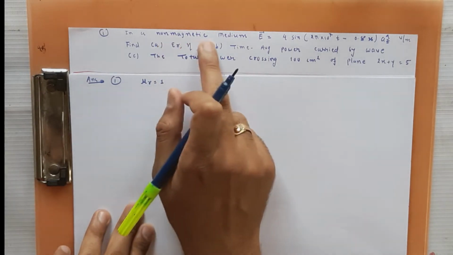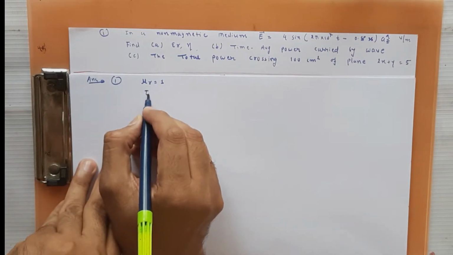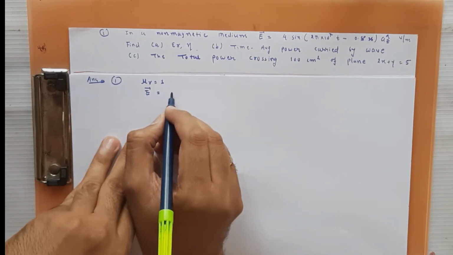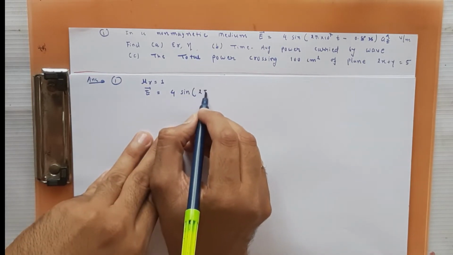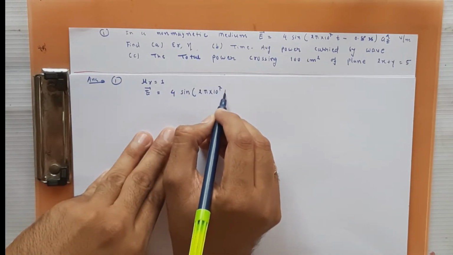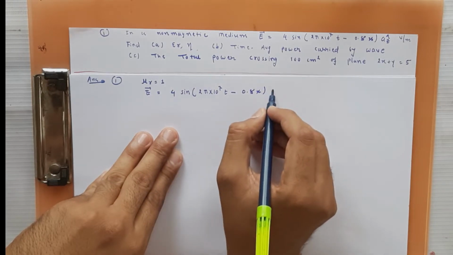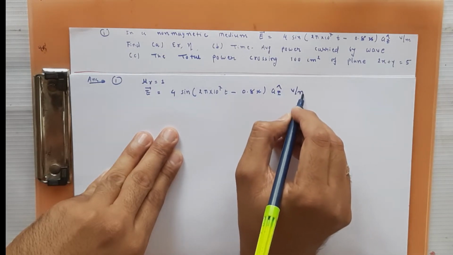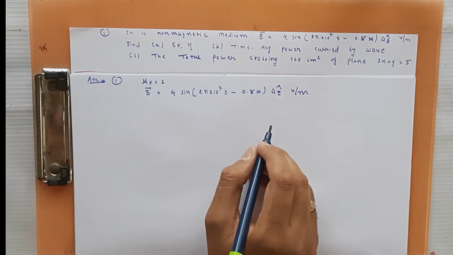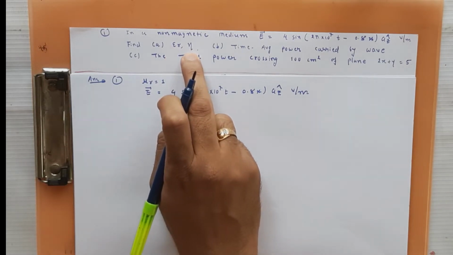Here vector E is given as 4 sin(2π×10^7 t − 0.8x) az volt per meter. Now we have to find the relative permittivity and intrinsic impedance for that medium.